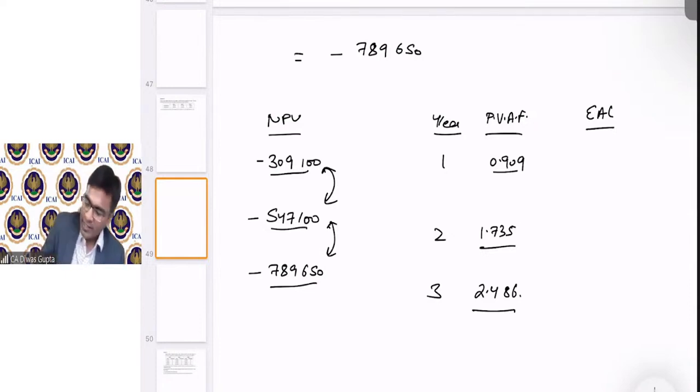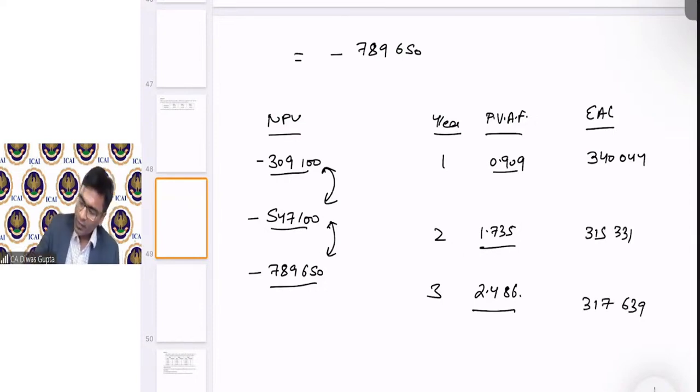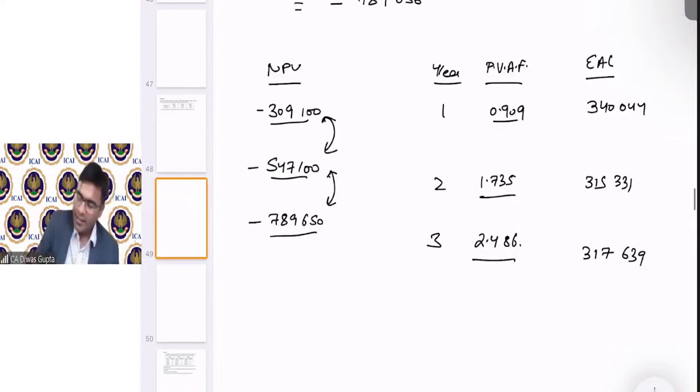So the numbers that we will get are 340,044, 315,331, and 317,639. And these are all in negatives, right? So please remember, these are all negative numbers.